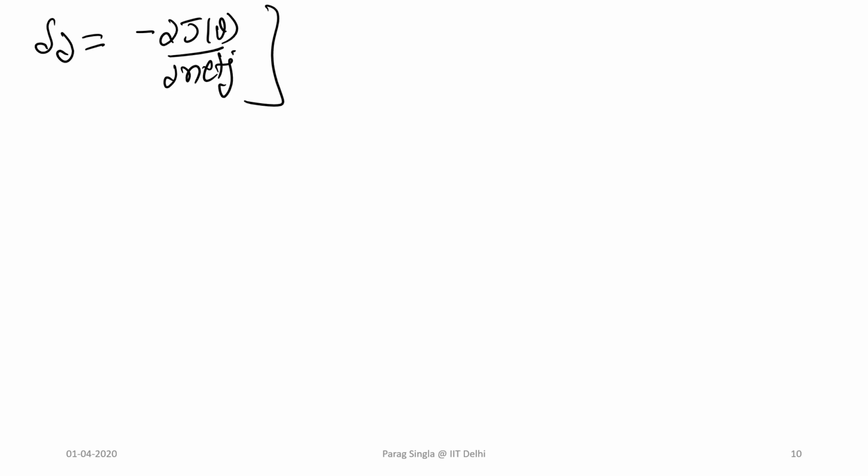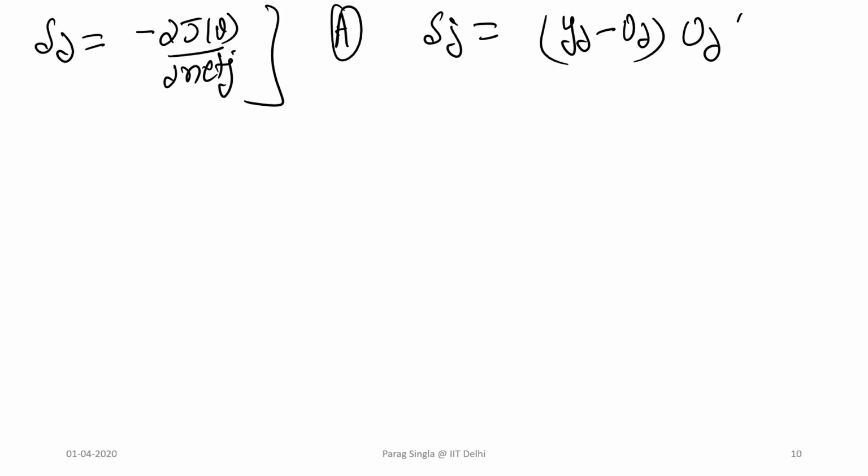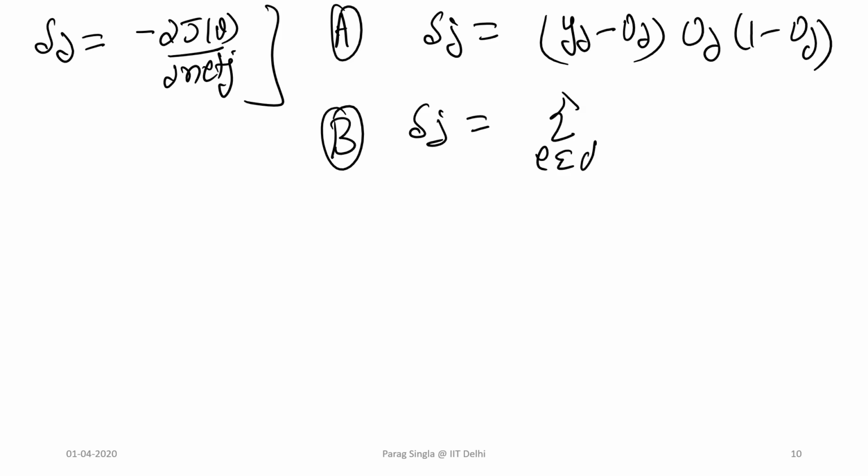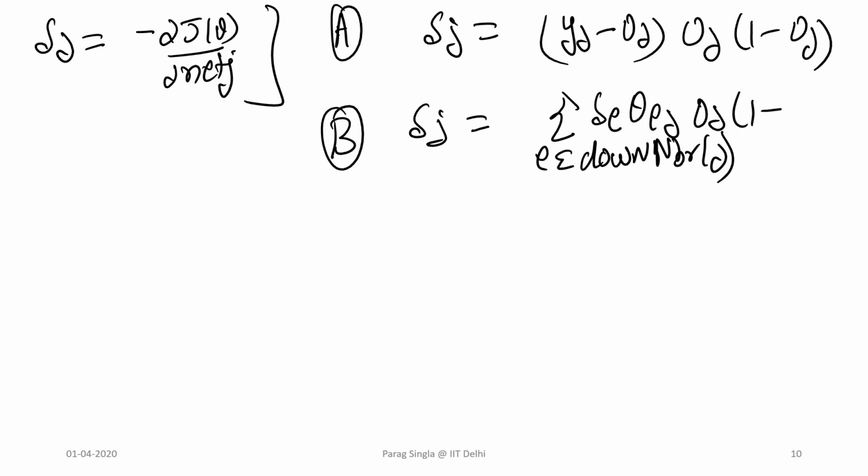This can be written slightly differently as delta J, which is defined as delta J theta over delta net J. Therefore, for the output layer, we have delta J, now we take the negative sign out, so this will become YJ minus OJ into OJ into 1 minus OJ, and for hidden layers, delta J can be expressed as summation over L belonging to down neighbors of J of delta L into theta LJ OJ into 1 minus OJ.